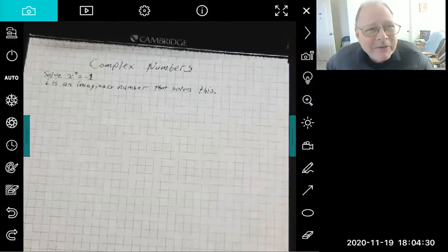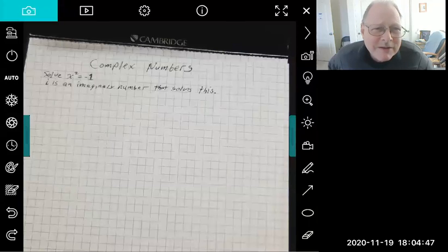Nobody thought those were really numbers for quite a long time. What made the negative numbers to be numbers is you can still do the arithmetic with them. All the commutative, associative, distributive properties can still work. So they might as well be numbers.